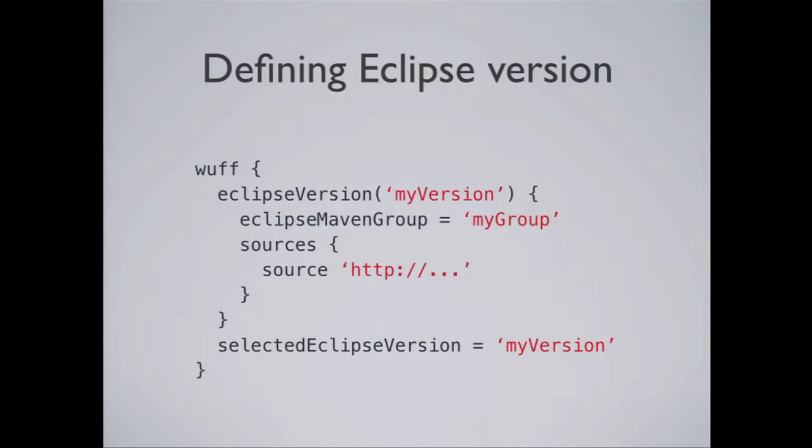And under sources, we can describe one or more sources from where zip files or target files are coming. This could be official Eclipse sources or your own distributions that are available on the network. Or this can even be file paths. And once defined, the custom Eclipse version is immediately available for referencing in the configuration.